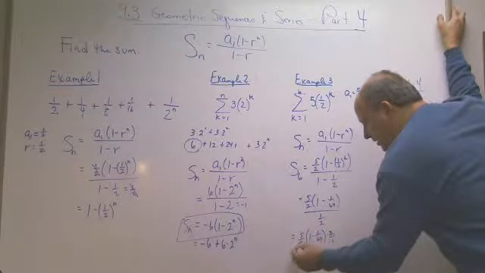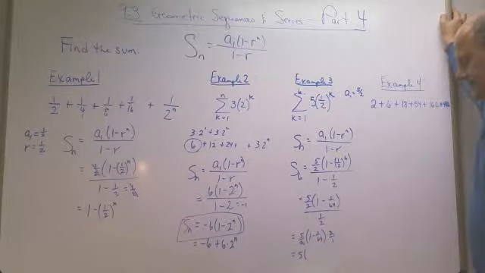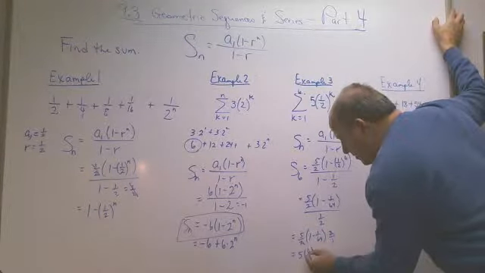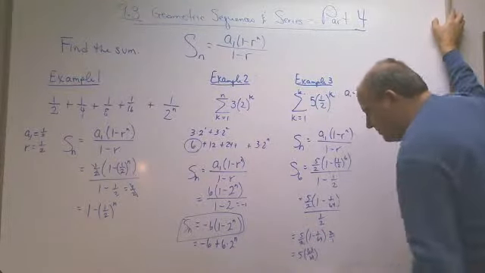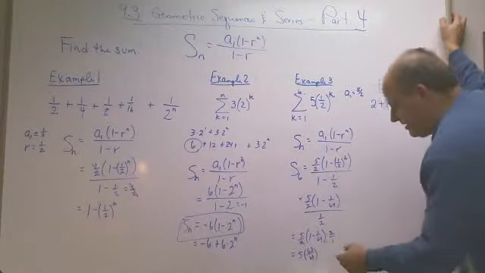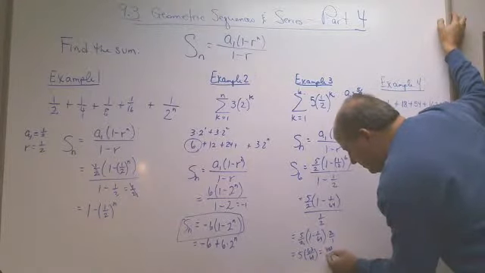And the 2's cancel. So you get 5 times, and then 1 minus 1 over 64 is actually 63 over 64. And nothing reduces, nothing cancels, so all you can do is multiply it out. So 5 times 63 is 315 divided by 64.